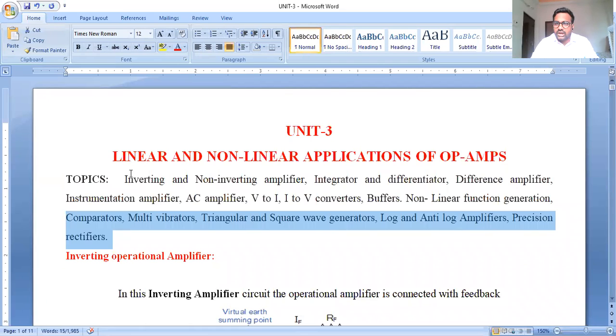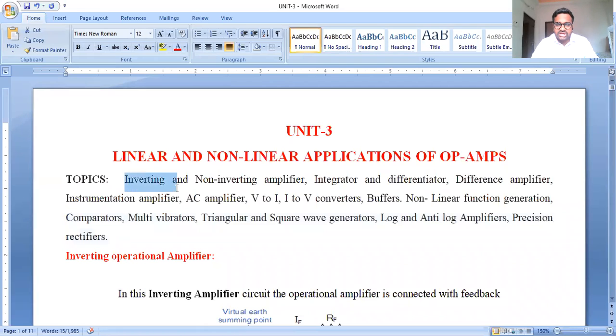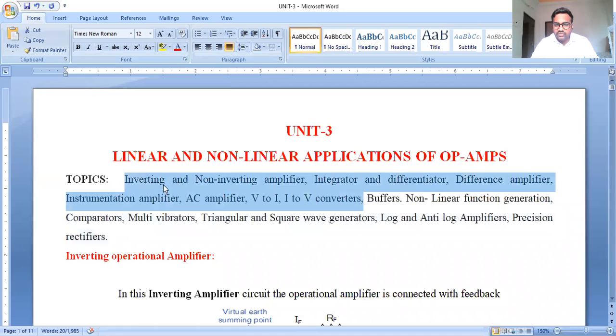Now the linear applications of the operational amplifier include inverting and non-inverting amplifiers, integrators, differentiators, difference amplifiers, instrumentation amplifiers, AC amplifiers, current to voltage converters, and voltage to current converters. These all come under the classification of linear applications.